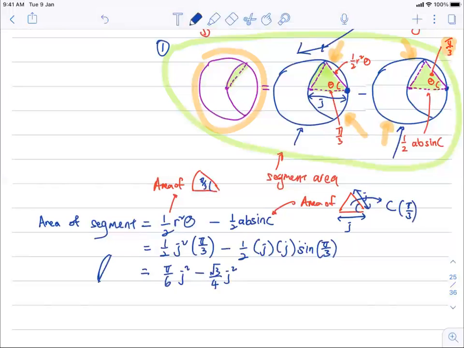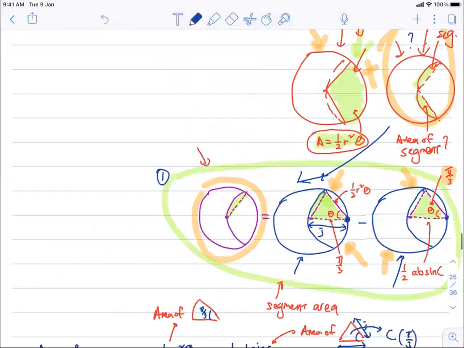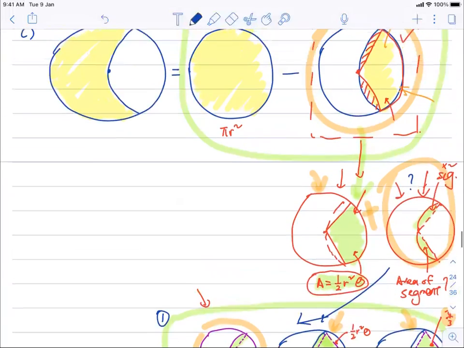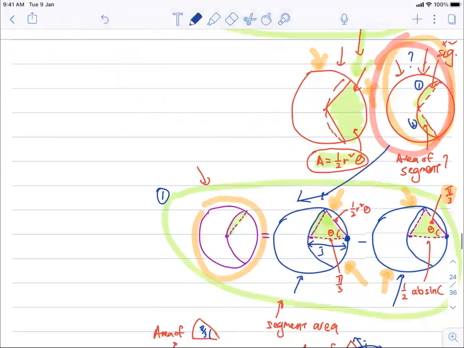Now we have the area of the segment. We want to find the area of the two segments, because there's two, right? This is one segment, two segments.